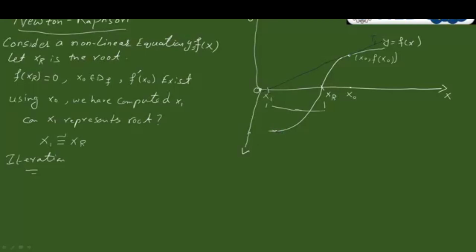Obviously the function may continue somewhere there or something like that. So if this is x1, let's say I selected x1 somewhere there. This is the point, so the point has coordinates x1 comma f of x1. If this is a point, then I can get this height, so this point is known to me.